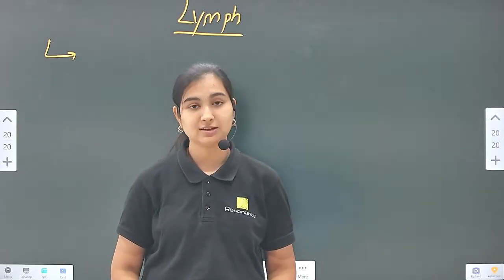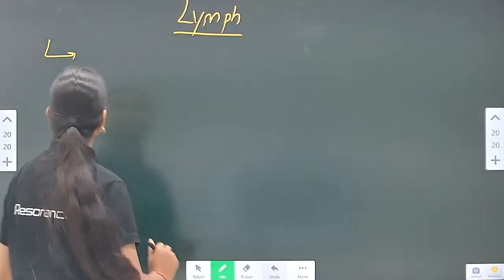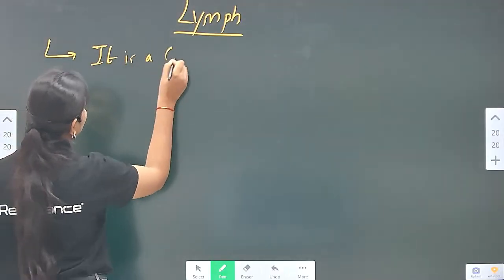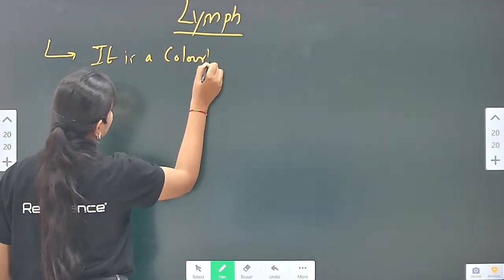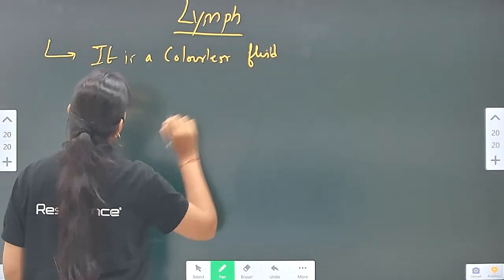In the 11th, when we are teaching the chapter body fluids and circulation, we'll be explaining it in detail. So here you can write down, it is a colorless fluid. It is a colorless fluid, so what exactly is the composition?